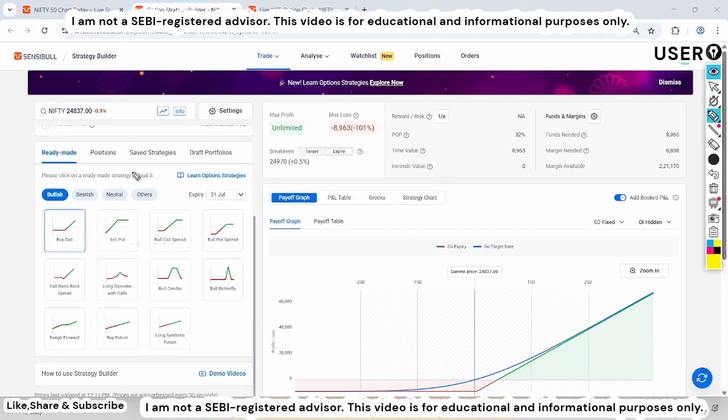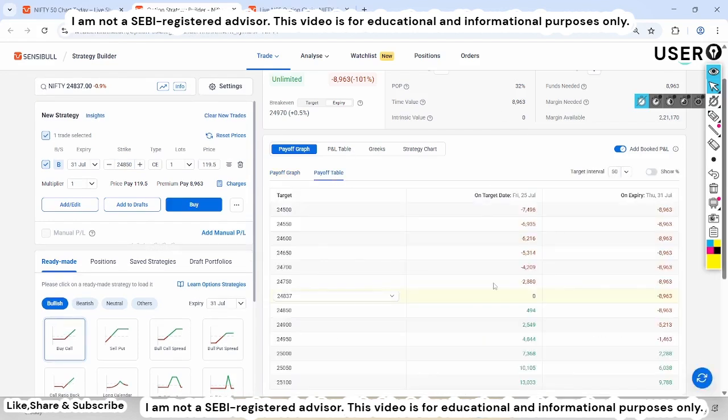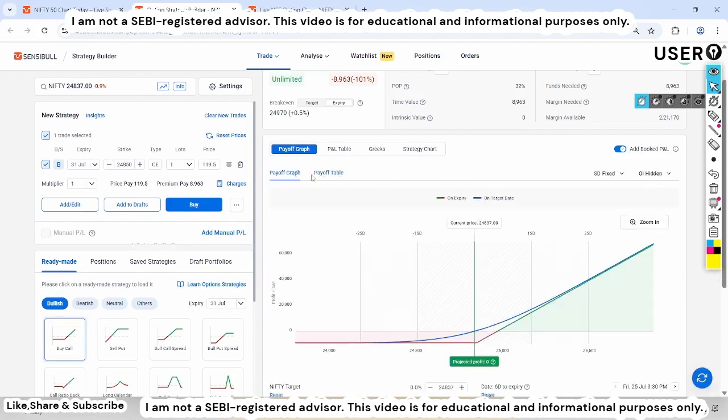If I take a position, this position is currently, you can see, 24,850. If you take this position without hedged legs, then what is going to happen? Let's see. Let's come to this payoff table. Before going to the payoff table, if you observe the payoff graph, as soon as you take this position in Zerodha or any broker, you will be in a loss if you enter into this zone.